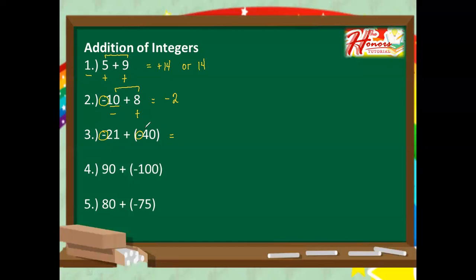So therefore, what we are going to do here is to add the numbers, which is 21 and 40. So we have here 21 plus 40, that is 61. And then, of course, we have to copy their sign, which is negative. So that is negative 61. And that's it for number 3.